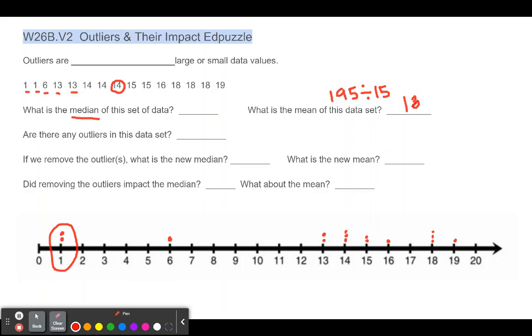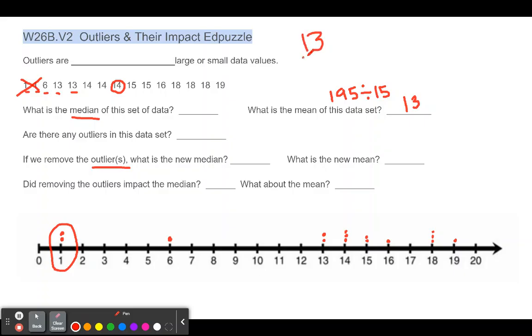Now, we know that there are outliers in this data set. The next question is, if we remove the outliers, how is it going to impact our different statistics? We're going to see if we remove these 2 ones here, the outliers, what is the new median? Well, instead of having 15 numbers, I'm down to 13 numbers.